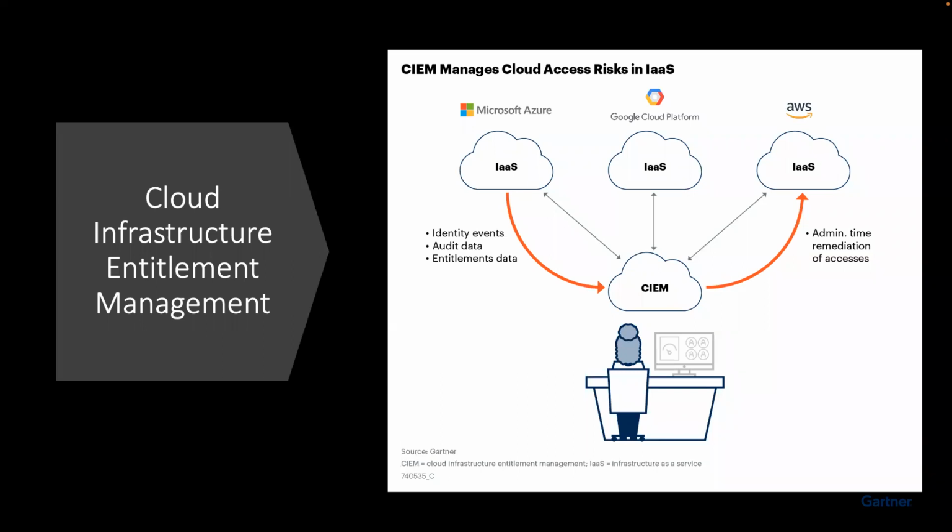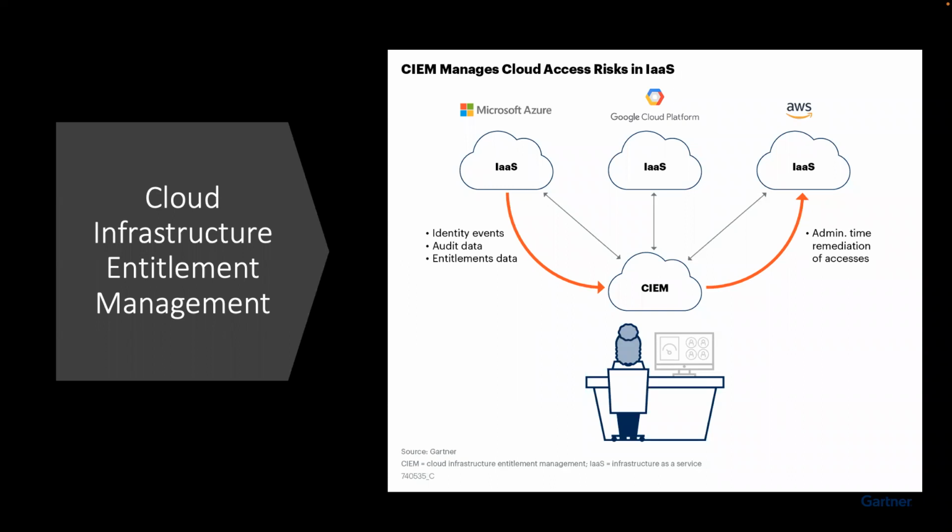Once you do that, the CIEM tool scans the environment and helps you understand what different identities exist in each CSP environment. And from there, they go further. They help you understand the different policies, permissions, or entitlements tied to each and every identity.